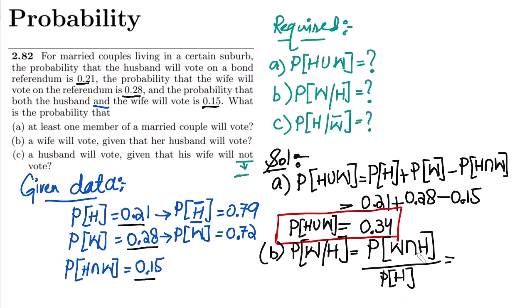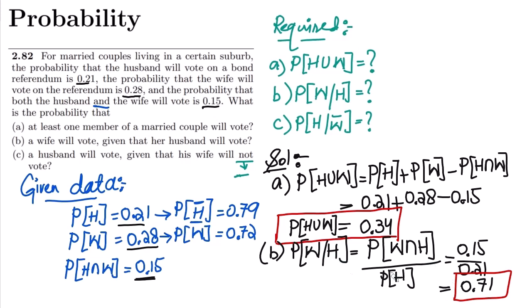We have both of these data: W and H is 0.15, divided by the probability that the husband will vote, which is 0.21. When I solve it, I get 0.71, which is the probability that the wife will vote given that her husband will also vote.